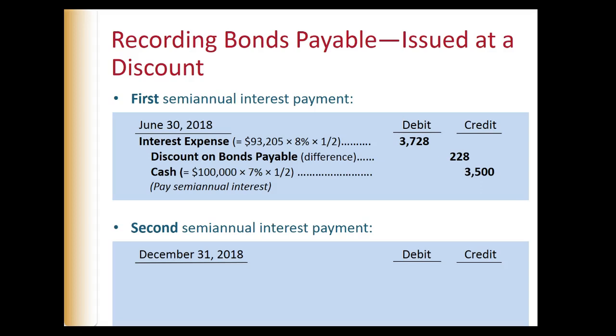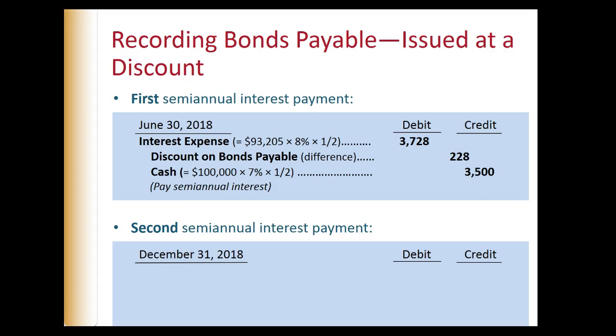Then we have to also amortize the discount on bonds payable, which is going to be the difference between what our interest rate is and the cash that is being paid out. Now, the cash being paid out is the $100,000 times the stated interest rate on the bonds, 7% times half a year.